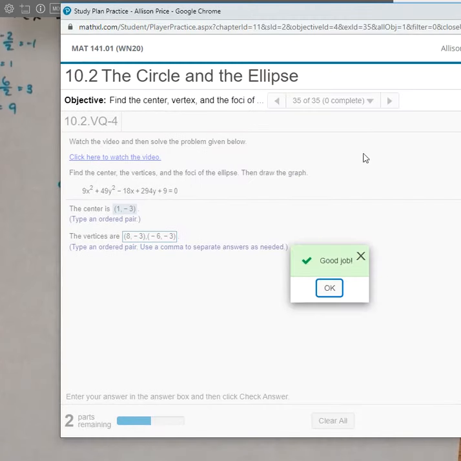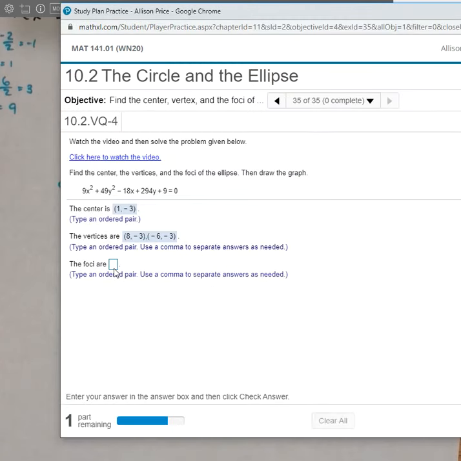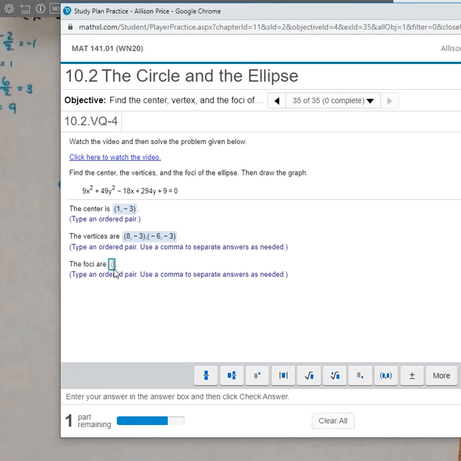And then our foci, they were 1 plus 2 square root of 10, comma, negative 3, and 1 minus 2 square root of 10, comma, negative 3.